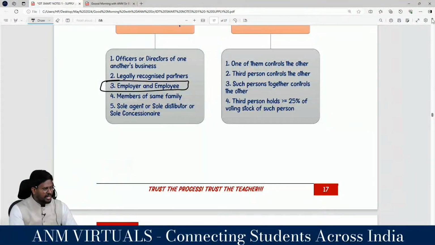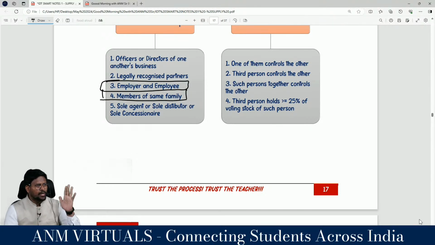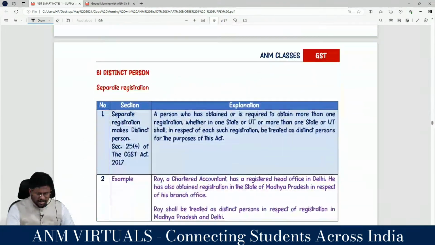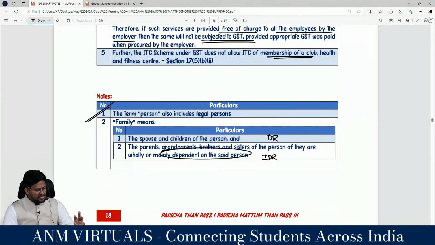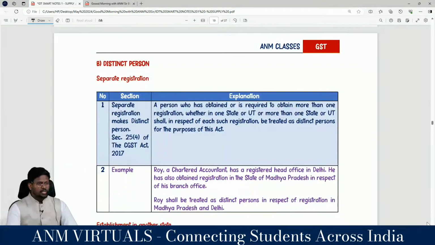Otherwise they will not be treated as family, because we have the fourth word, members of the inner family. So the question arises, what do you mean by family? So two are always family: spouse and children, whereas parents, grandparents, brothers, sisters will be treated as family if they are wholly and mainly dependent. Shall I proceed?